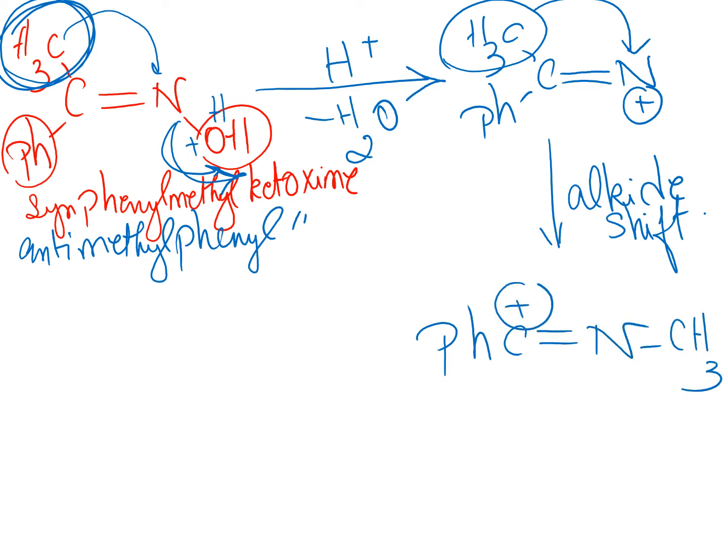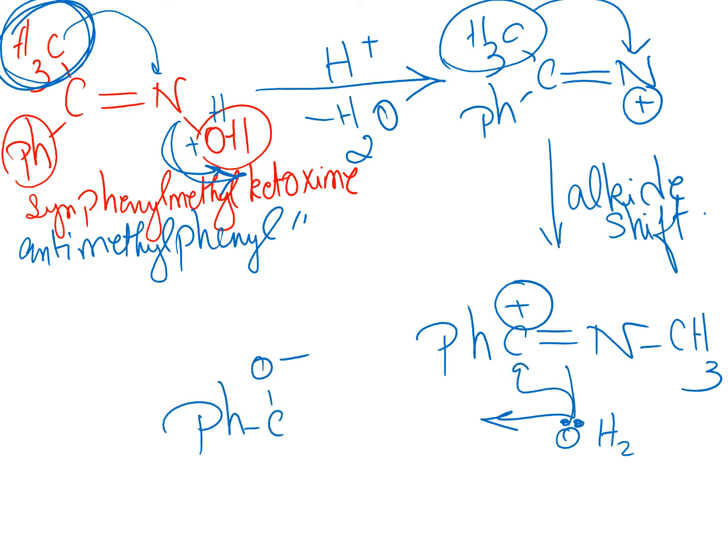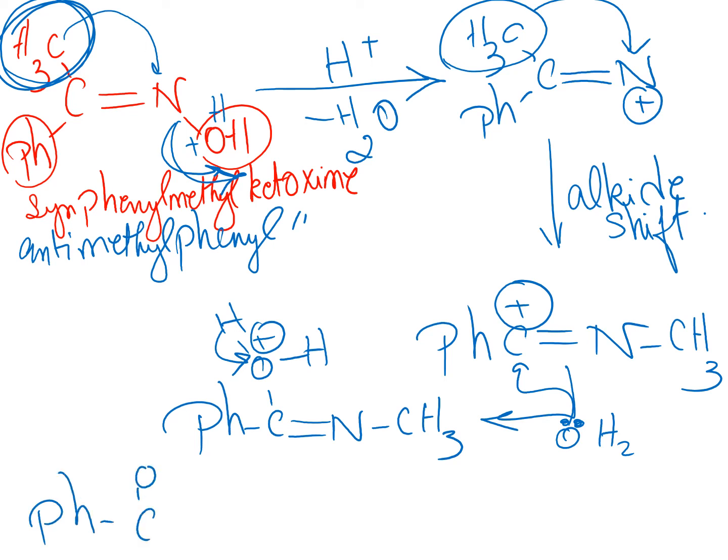And now the carbon of the carbonyl or the oxime is carrying a positive charge. Your medium still contains water molecules that has an oxygen carrying a lone pair of electrons. So now your carbon is carrying an OH group. A hydrogen leaves to neutralize this positive charge.